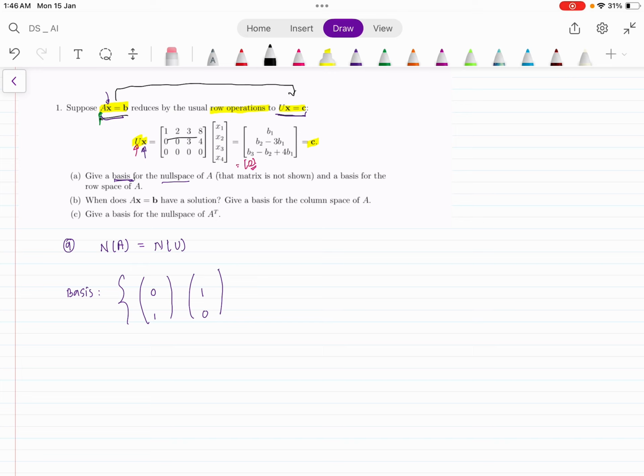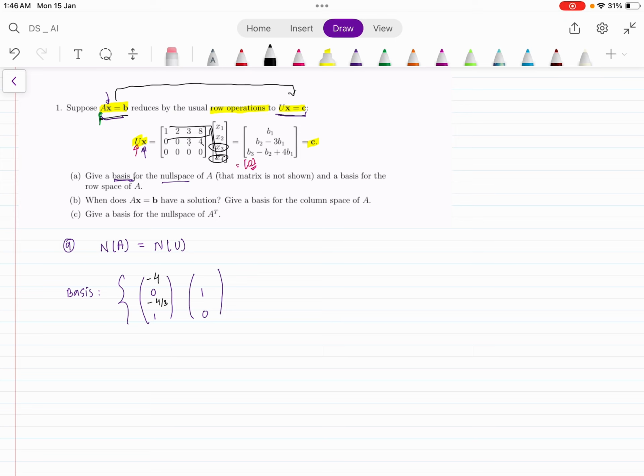So let's use this equation: 3 times x3 plus 4 times x4. Here x4 is 1, so x3 will be minus 4 by 3, right? And using this we can find x1. That will be 1, x2 will be 0, and this will be minus 4 plus 8. So 8 minus 4 is 4, so x1 will be minus 4.